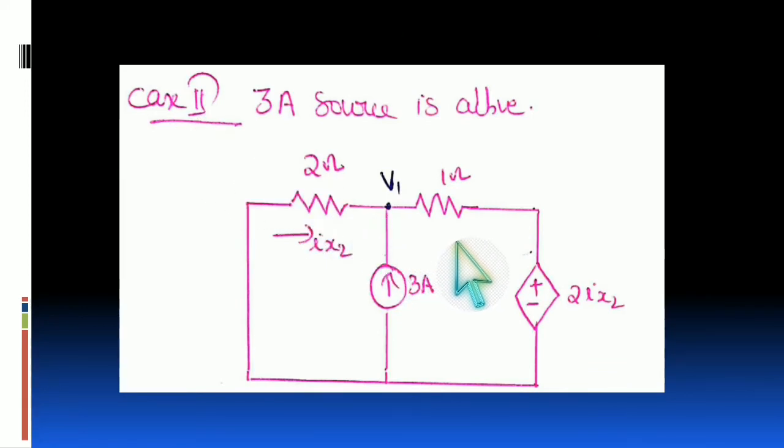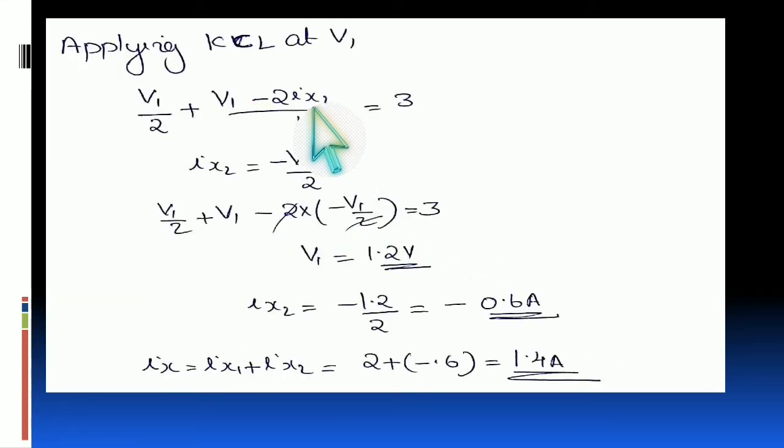Then, one end of this 1 ohm resistor is at potential 2Ix2 and the other end is at potential V1. Correspondingly, the current through this 1 ohm from node V1 to the reference node can be written as (V1 minus 2Ix2) by 1. Got it? (V1 minus 2Ix2) by 1.